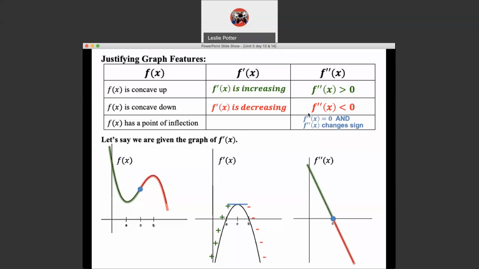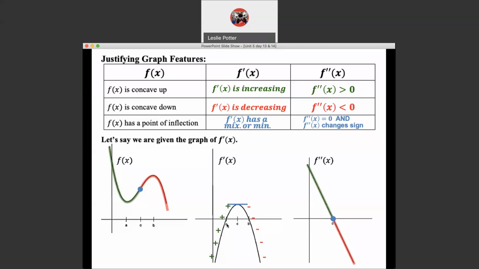On the second derivative graph, we're looking for a second derivative of 0, and then remember this is the big and, the second derivative changing sign. We can see on the second derivative graph that we change signs from positive to negative. So we know this is a point of inflection right here at location C.